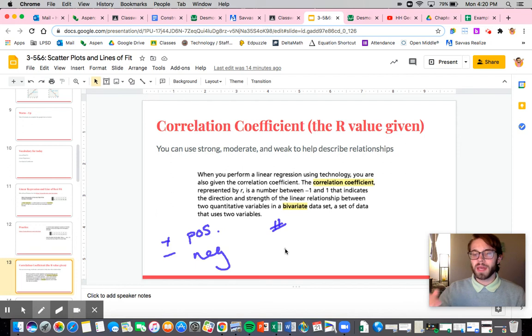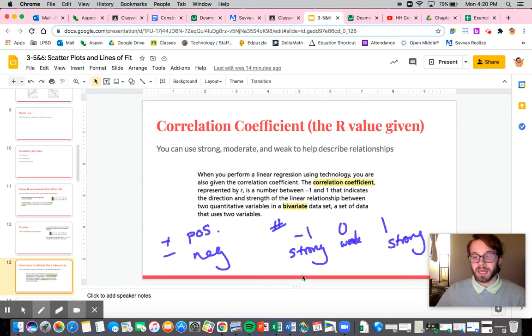A number that is really close to 1 or really close to -1, these are the strong correlations. Strong. And if you have something very close to 0, this is pretty weak. Well, actually, to be honest, if it was exactly 0, there'd be completely no correlation, but I don't even know how that would work mathematically.